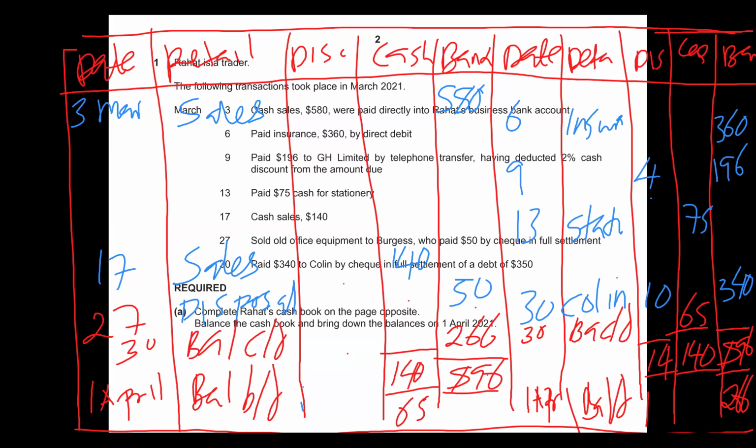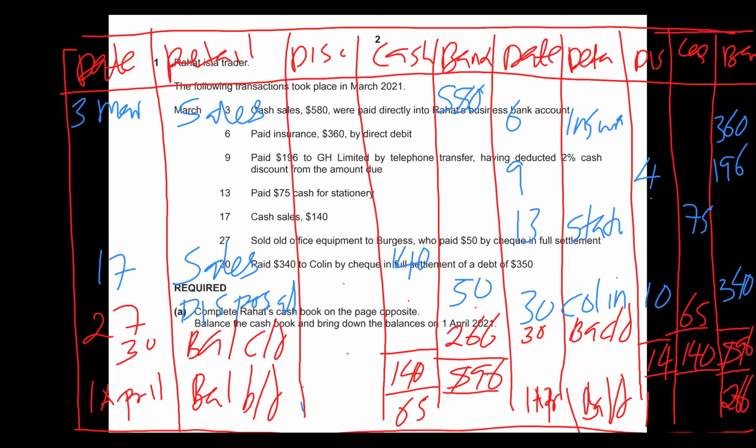In full settlement simply means you paid completely, you were not owing anything. You fully settled. By the way, paying credit simply means settling your account. You understand? Yes. When you hear me saying settle your account, we mean you pay your debt that you're owing. So when the question says this was in full settlement of a debt, it means that after paying this 340, they were no longer owing anything.